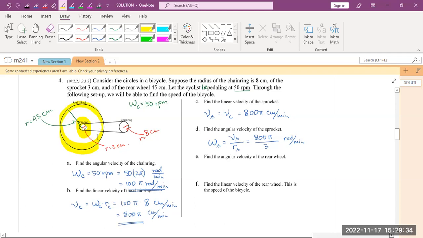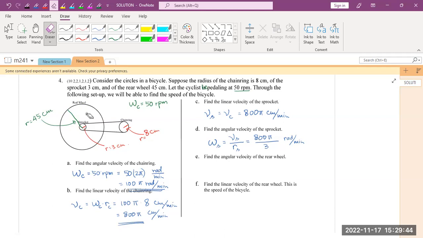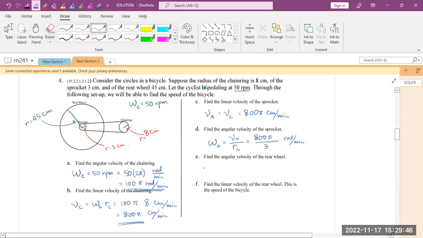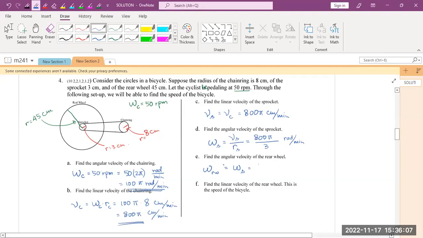The angular velocity will be the same. If the sprocket turns 1 time, then the rear wheel will also turn 1 time. So the angular velocity of the rear wheel is the same as that of the sprocket, which, as we see from part D, is 800 pi over 3 radians per minute.